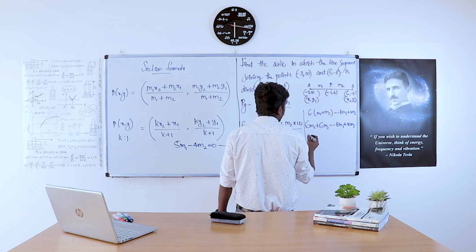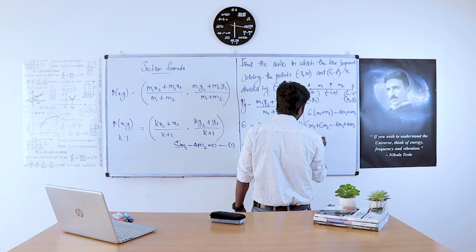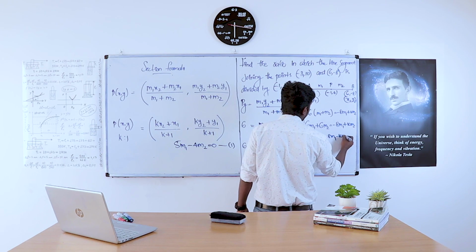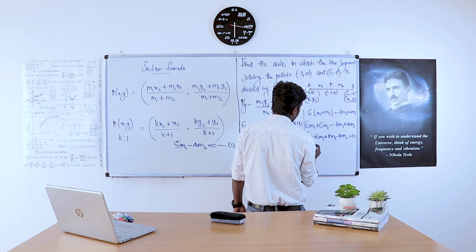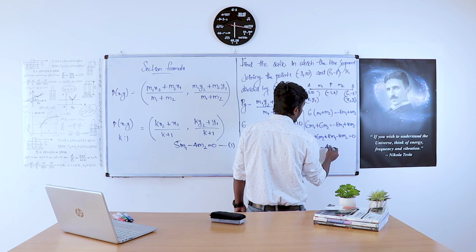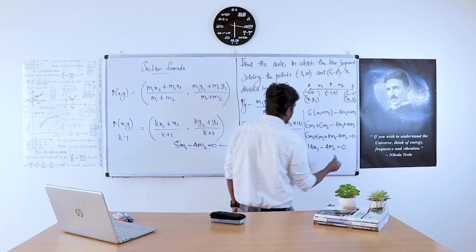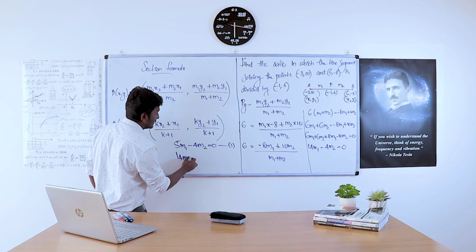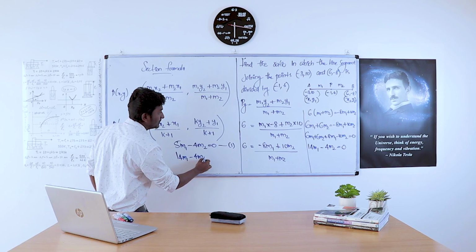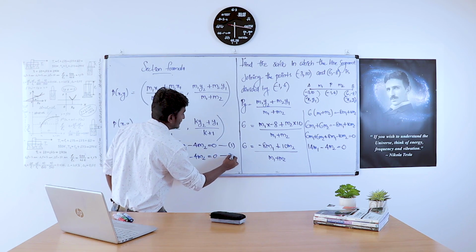Shifting the whole thing to the left side, it becomes 6m1 + 6m2 + 8m1 - 10m2 equal to 0. 6m1 + 8m1 is 14m1, and 6m2 - 10m2 is -4m2, equal to 0. This is equation number 2: 14m1 - 4m2 = 0.